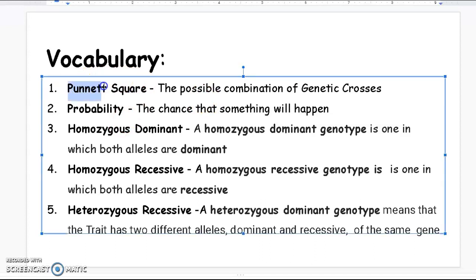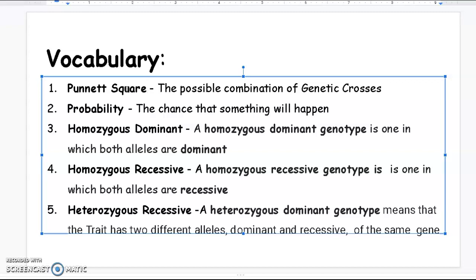And so that is the Punnett square's purpose. Now, when you're navigating through a Punnett square, you will be using basic probability, the chance. What are the chances that something will happen?